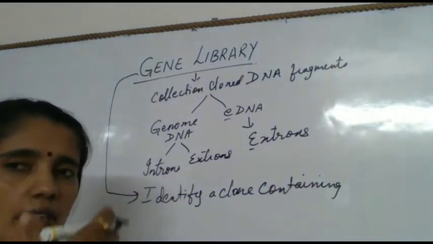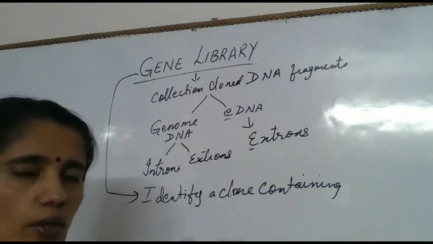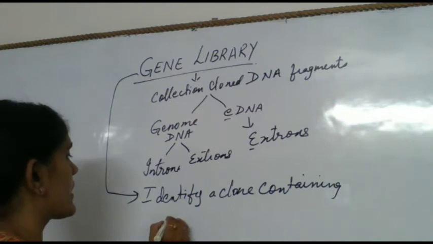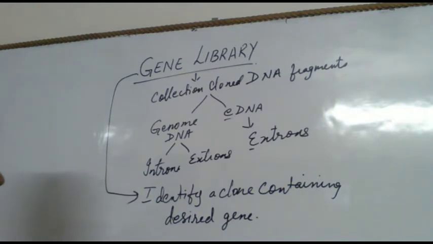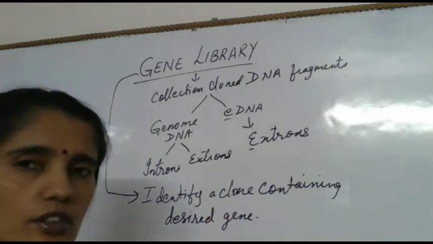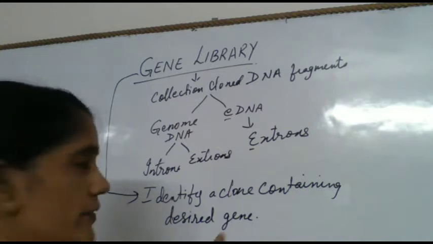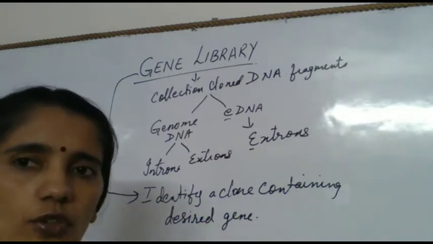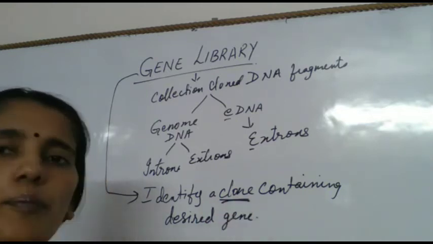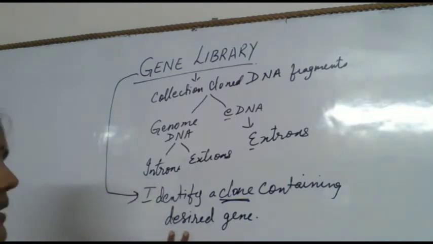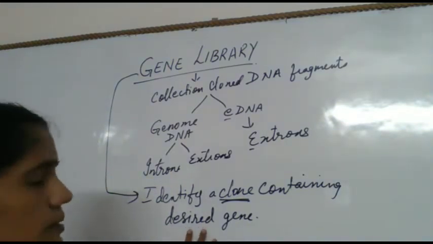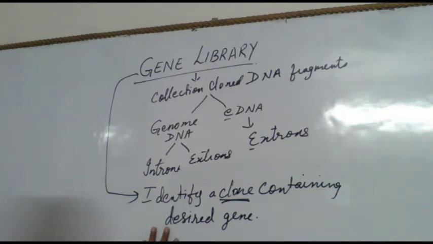That we should have the desired character in that particular organism. Now, if we want more of this particular gene, what should we do? More of the clone is prepared. By preparing more of the clone, we can get a large amount of this desired gene.